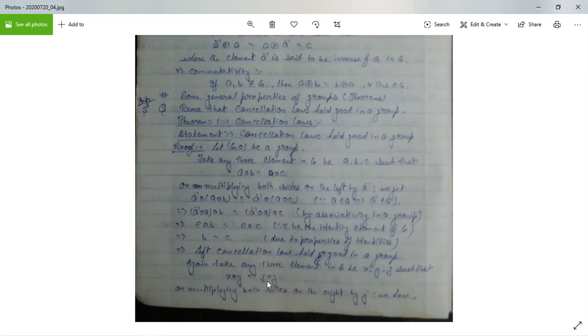For cancelling y, we multiply both sides on the right by y inverse. Since y is an element of a group, there exists the inverse of y. That's why we multiply by y inverse on both sides.